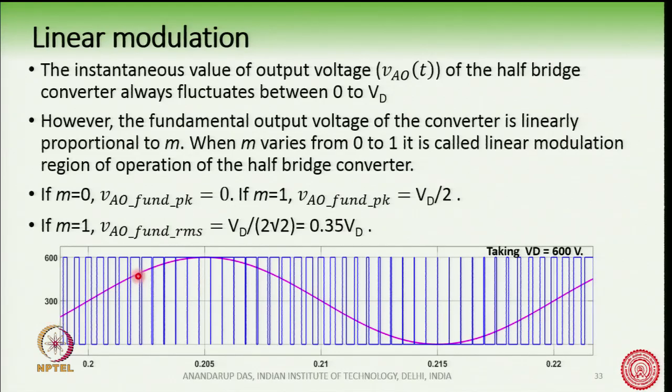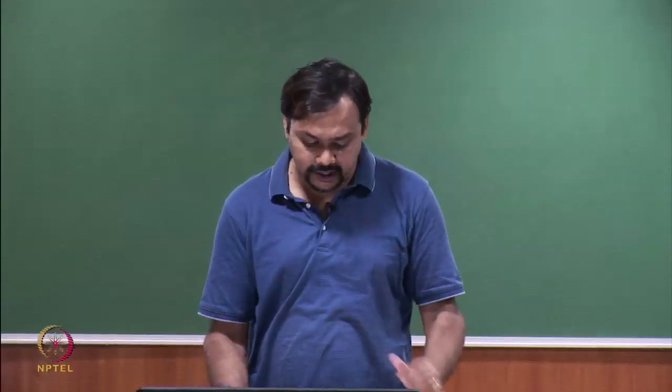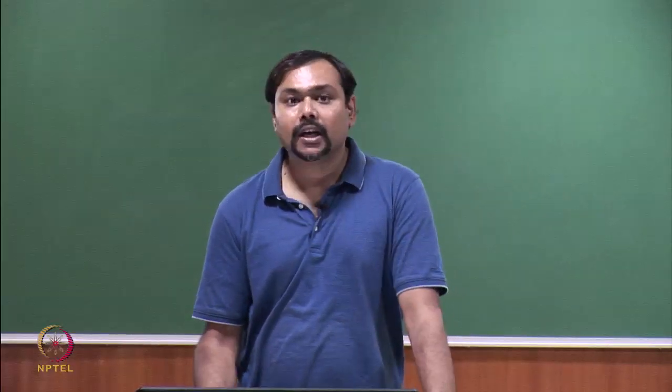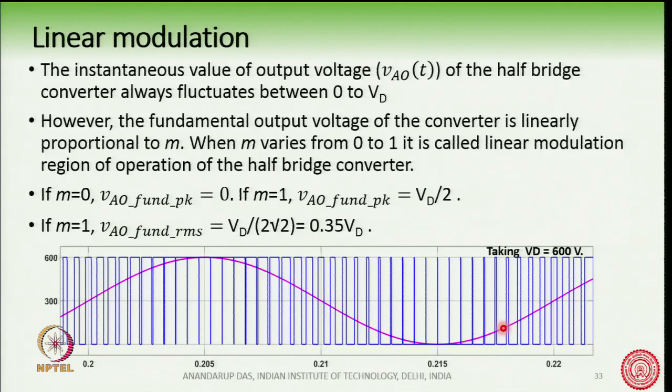The pink curve here is the AC which is embedded inside this instantaneous PWM waveform. And why it is embedded, we can understand intuitively by observing the width of the pulses. As we can see, the width of the pulse is narrow here and large here, and progressively it becomes narrow until it becomes very narrow here.